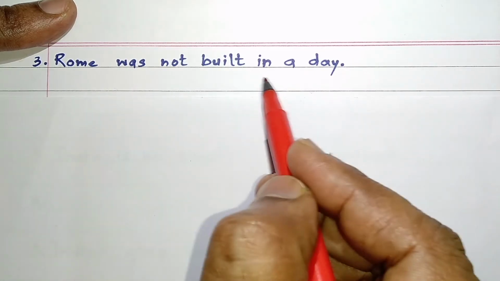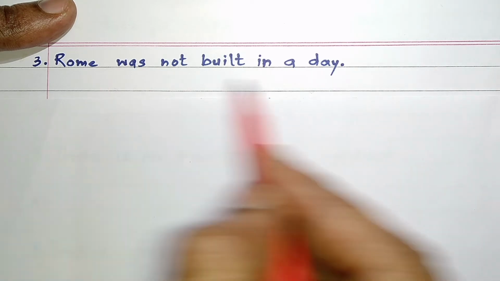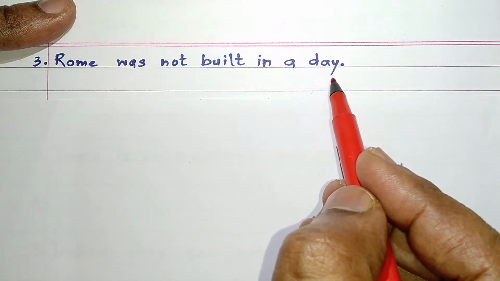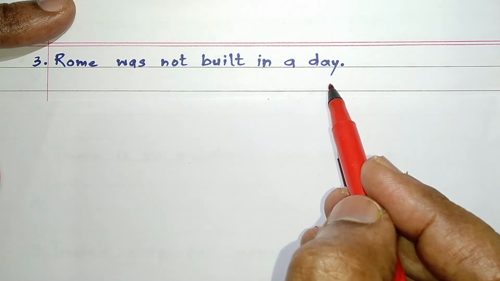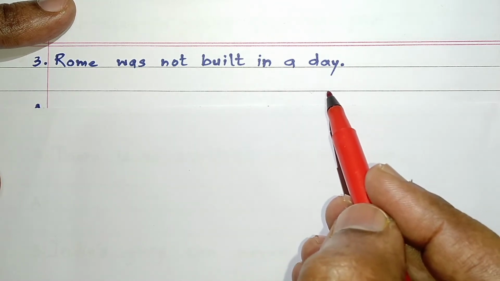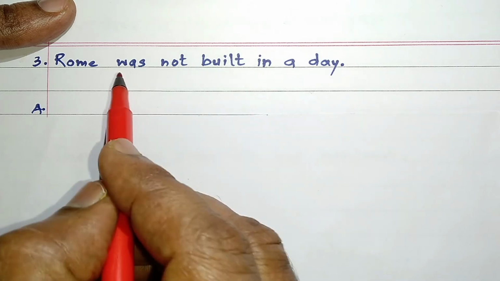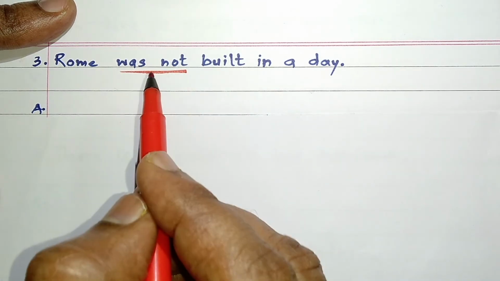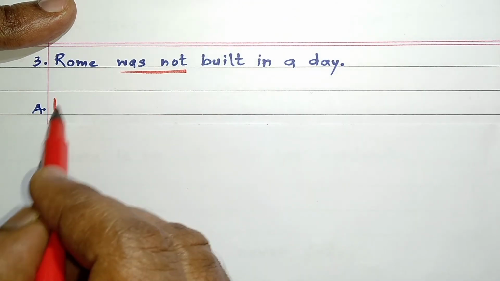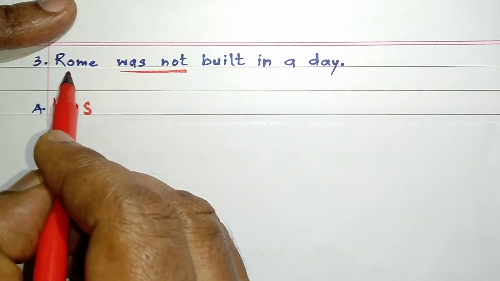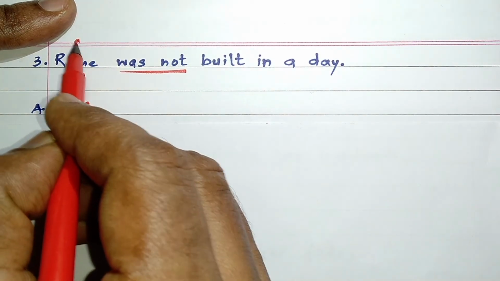Rome was not built in a day. Now here the sentence is negative. So therefore our interrogative sentence, that is our answer, will be affirmative. So was not, that is, we will start with was. The subject here is Rome.